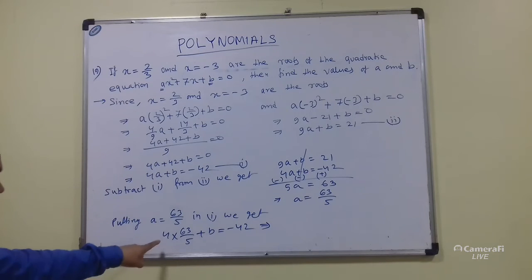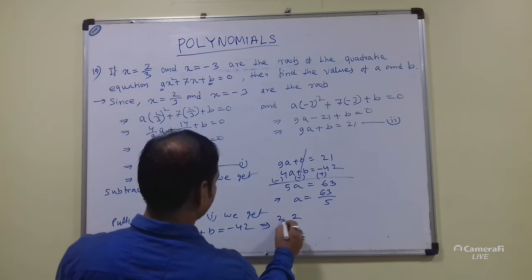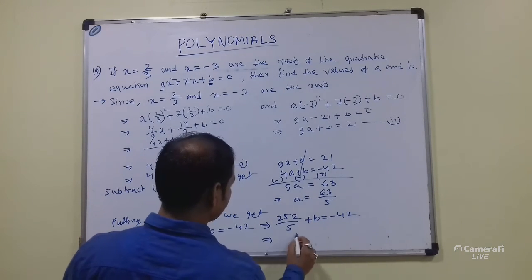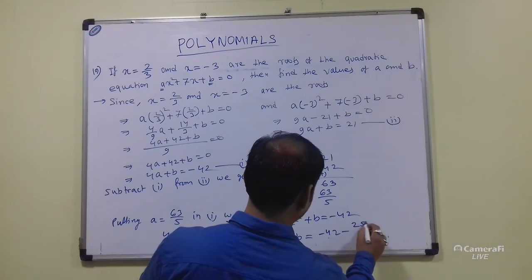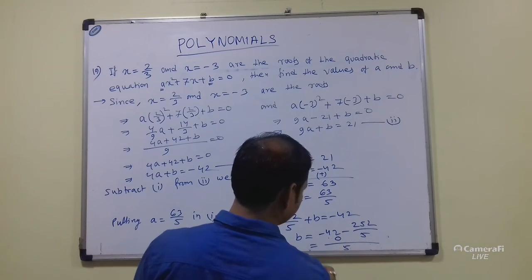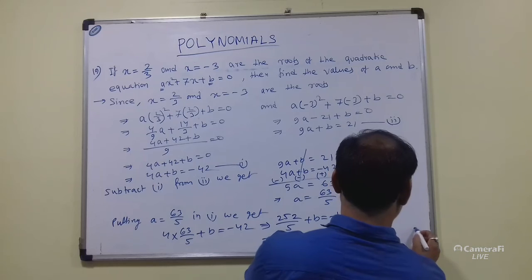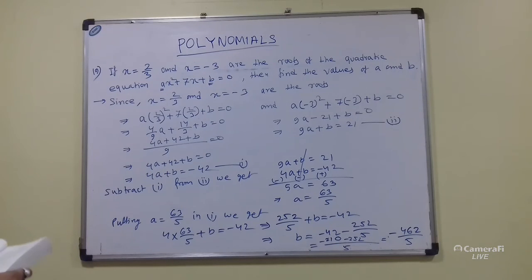So this implies it is now 252 by 5 plus b is equal to minus 42. So b is equal to minus 42 minus 252 by 5. Now calculate it. So it will be minus 2462 by 5. So the value of a is 63 by 5.